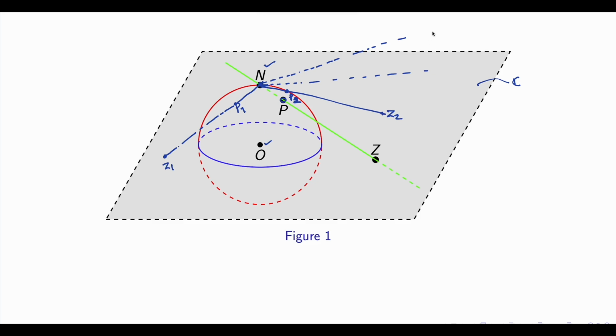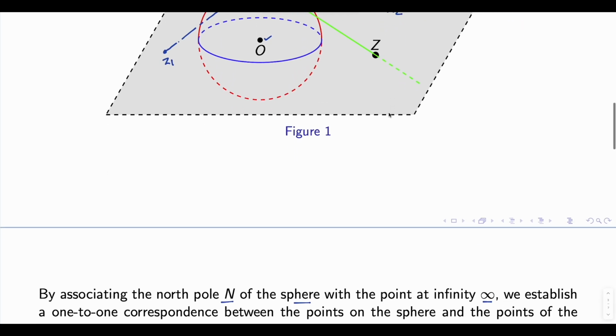So when Z goes to infinity, that point maps to the North Pole only. Otherwise, any finite point you take will definitely intersect the surface of the sphere. So a one-to-one correspondence is possible between the complex plane and the surface of the sphere.